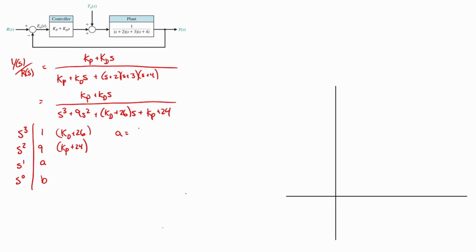So A is equal to 1 over negative 9, 1 Kd plus 26, P plus 24, and that evaluates the value of A, which will be Kp plus 24 minus 9 Kd plus 24 all over negative 9.